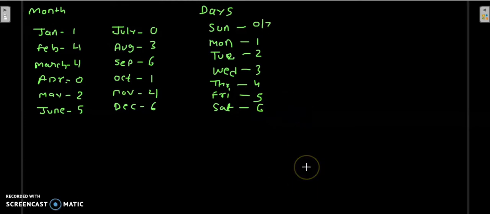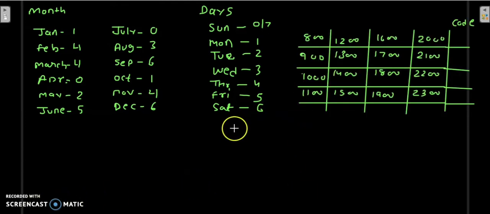Then we'll discuss centuries. Now for centuries, how to remember the code? Whenever you are solving a question, you can write it this way: 800, 900, 1000, 1100, 1200, 1300, 1400, 1500, 1600, 1700, 1800, 1900, 2000, 2100, 2200, 2300. You can write this side in decreasing order, this side in increasing order.